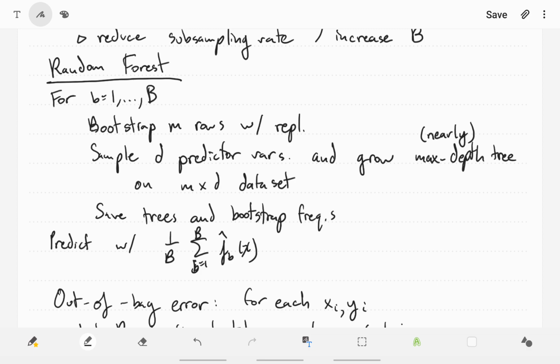So that's random forests. There's a lot more to be said about random forests. Because you sample these D predictor variables, sometimes you can mitigate the effects of the greediness of decision trees.